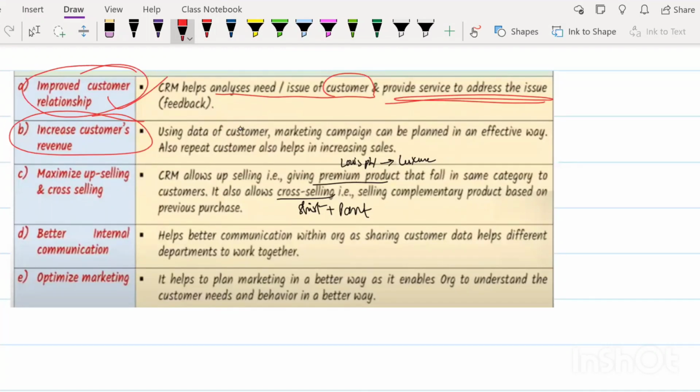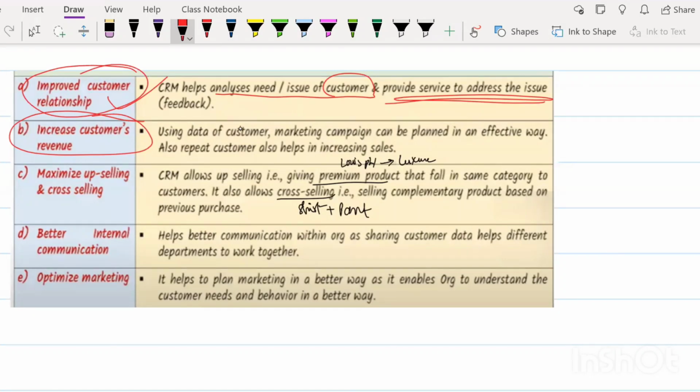If there is a brand, and anytime I have had an issue with their laptops or mobile phone, whenever I raise an issue, within a week the issue gets sorted every time. If that brand has built such a good customer relationship with me, what will I do next time whenever my friend has to buy a laptop or a mobile phone? I will recommend the brand that I have been using, because the after sales service they give is very, very good.